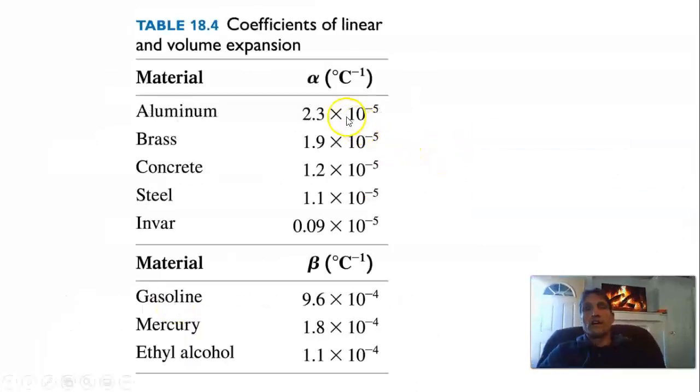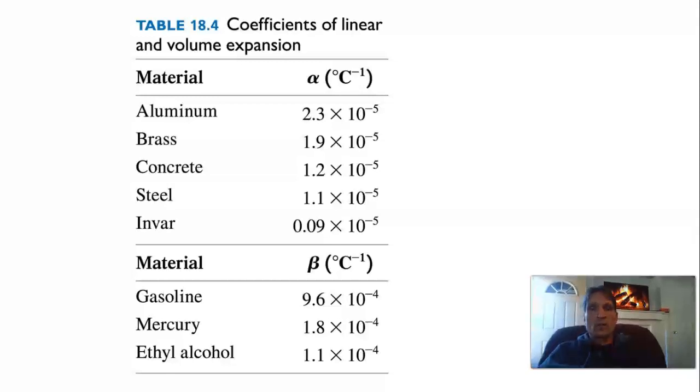Objects such as aluminum and brass tend to expand more than concrete and steel, and special materials called Invar expand even less. We're all familiar with this: doors expand sometimes when they're heated, and they contract when they're cooled.